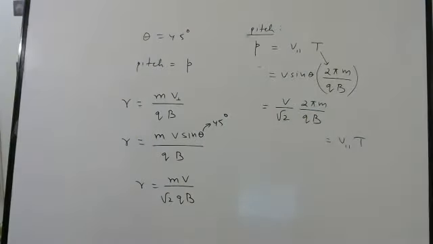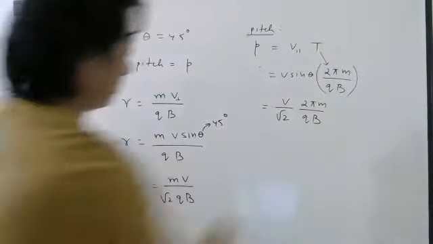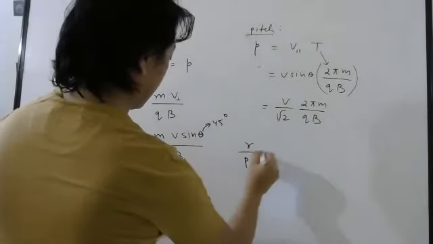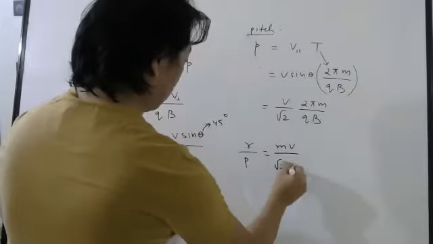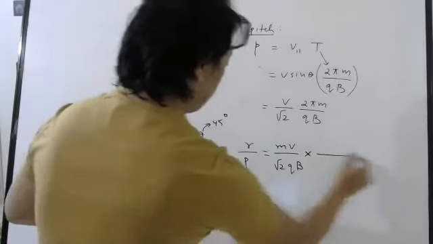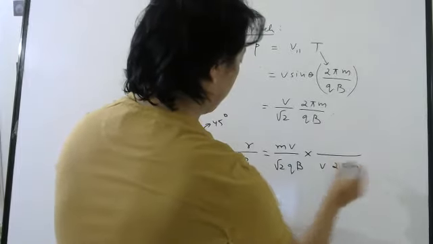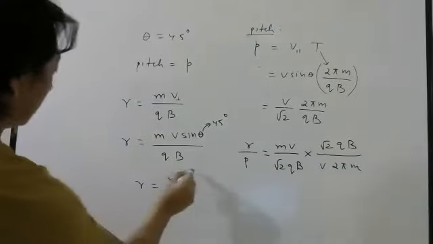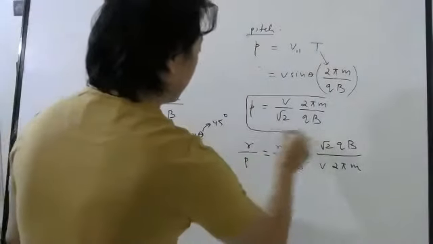So since they want the formula for radius in terms of pitch, let me divide these two. Let me divide radius with pitch. So radius is mv by root 2 qB. Pitch is v into 2 pi m by root 2 qB. So what I am doing, I am dividing the radius formula with pitch formula.